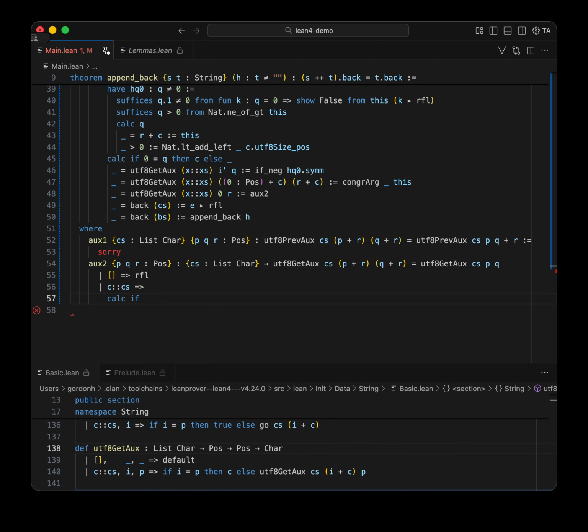Auxiliary P plus R equals Q plus then C plus P plus R plus Q plus.